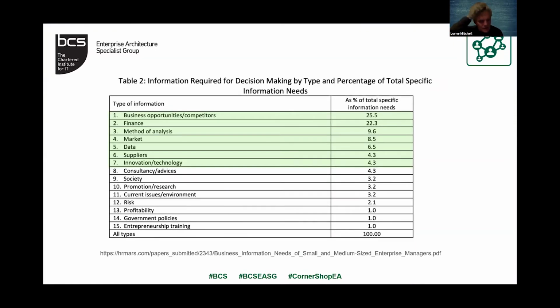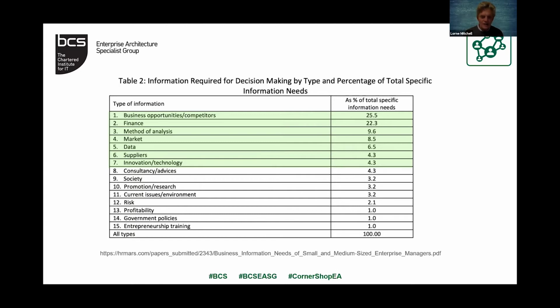I tried to do some research on this. It's about a year old, and I'm not sure of the source, but I thought this was quite interesting in terms of the types of information requirements for decision making in an SME. I put the reference at the bottom there, and you'll see the top two are almost 50%: business opportunities and competitors, market data, and finance.